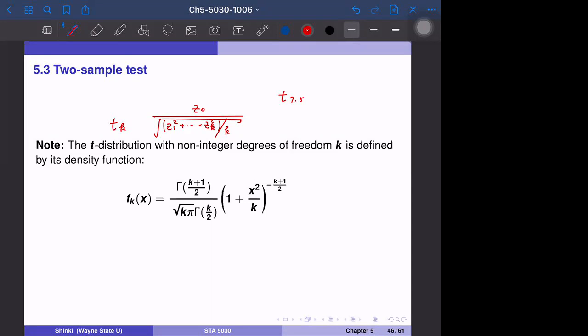But actually you can define it because the probability density function has this form. It is a pretty complicated form, but basically 1 plus x squared over k to the power negative k plus 1 over 2, and the first factor is the normalizing constant. You can extend this definition to any k, maybe larger than or equal to 1. So the t distribution is defined for the fractional case.